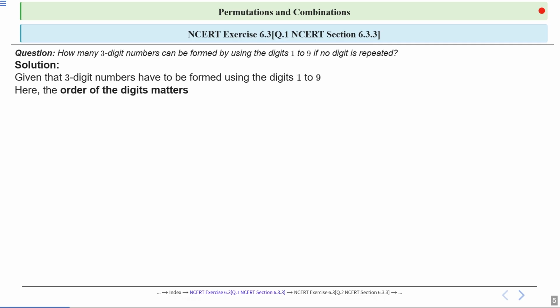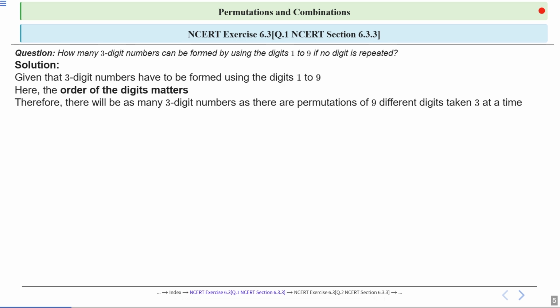You should note this point. To solve this, we need to find the number of permutations of 9 different digits taken 3 at a time. Therefore there will be as many 3-digit numbers as there are permutations of 9 different digits taken 3 at a time.